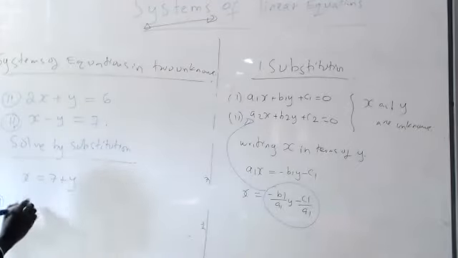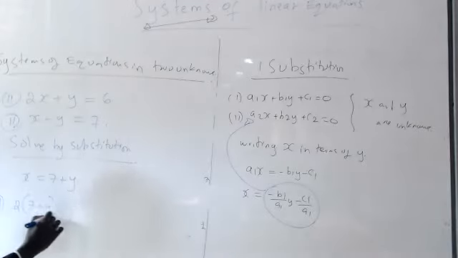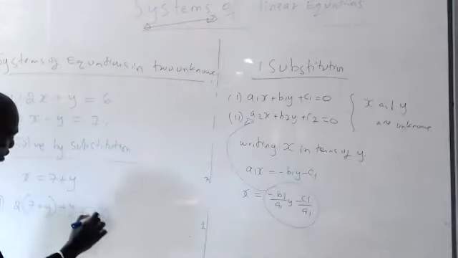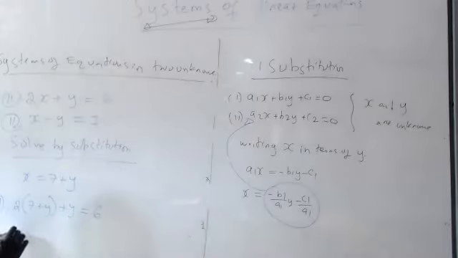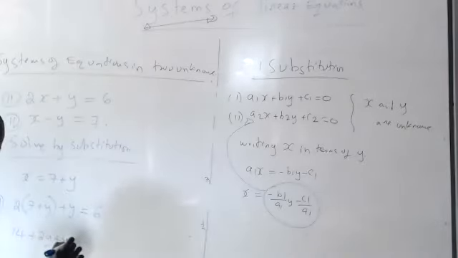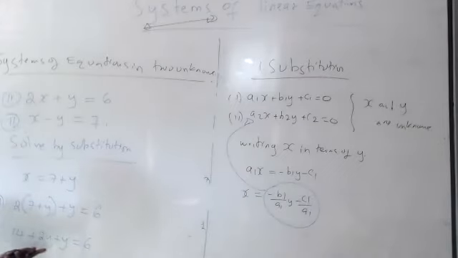So where there's x, we put 7 plus y, plus y, that must give us 6. Therefore, 14, so 2 times 7 is 14, plus 2 times y, plus y is equal to 6. Combine like terms, so 2y plus y is 3y. 3y is equal to, now subtract 14.